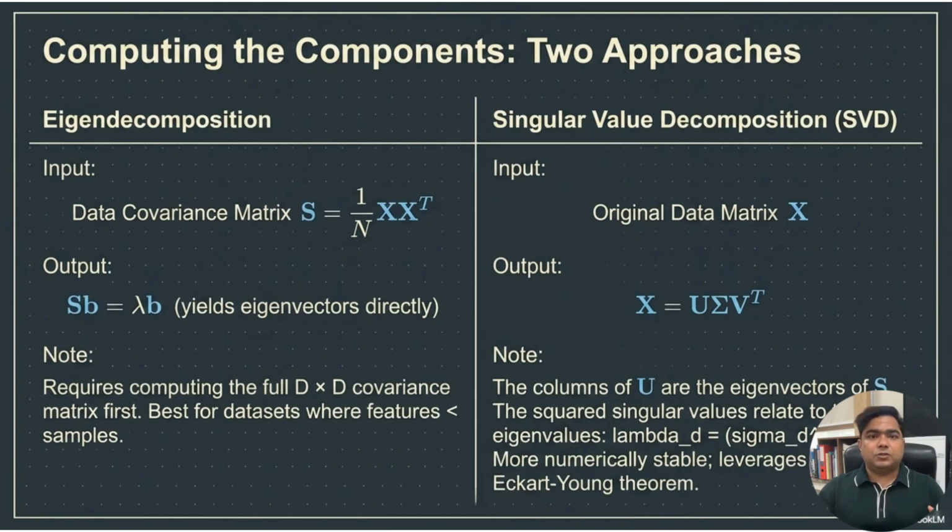The slide also says that the squared singular values relate to the eigenvalues. This relationship can be spoken like this: lambda d equals sigma d squared divided by n. SVD is often more numerically stable than directly computing the covariance matrix. It also uses the Eckart-Young theorem, which tells us that the best low-rank approximation is obtained from the largest singular values. So in practice, many PCA implementations use SVD.